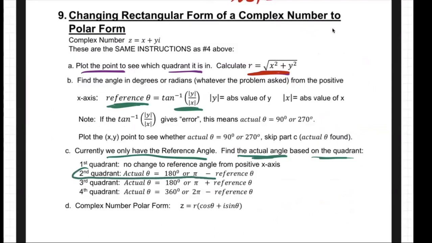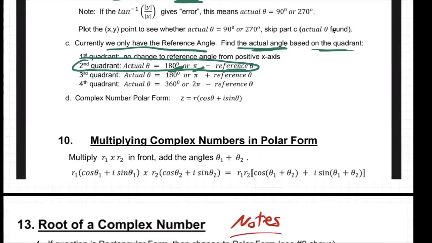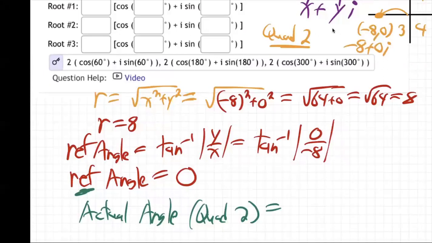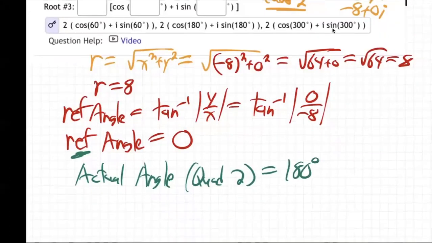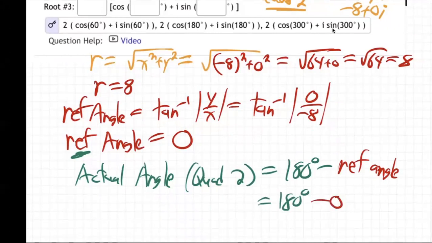Second quadrant, actual angle equals 180, or pi if you're doing radians. We're doing degrees. 180 minus the reference angle. So equals 180 minus 0. So the actual angle, theta, is 180.